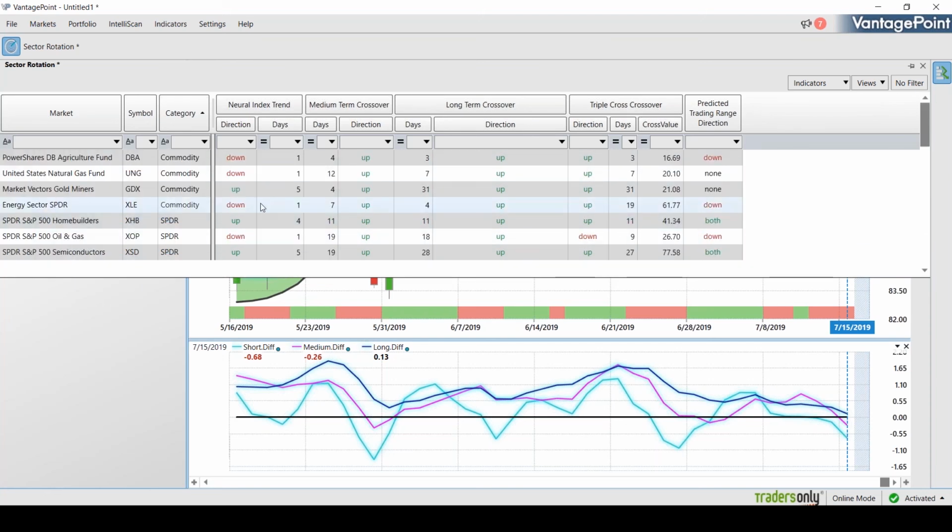Well, these specific ETFs have been identified to give you as a trader the bird's eye view about what markets are doing and what they're expected to do in the short term, according to VantagePoint's predicted neural index, which is our 2-day predictive indicator, the medium-term crossover, also showing us a 2-day outlook. The long-term crossover, that's 3 days predictive. Our triple cross, we've got the 3 days predictive there as well. And then we also have our gray candle, our 1-day predicted trading range direction.